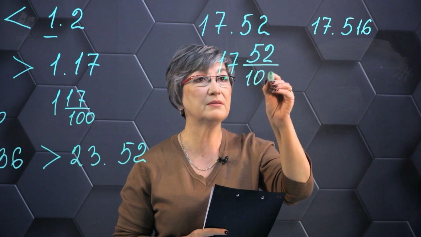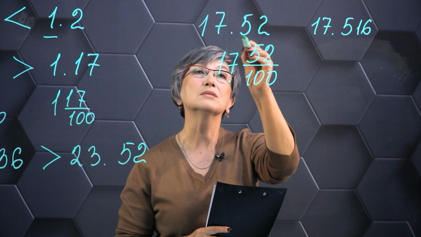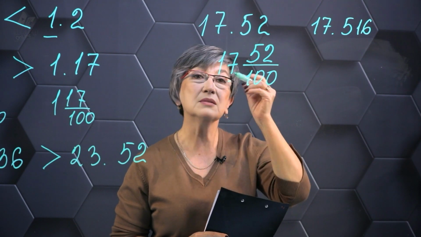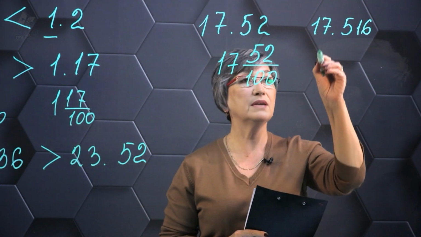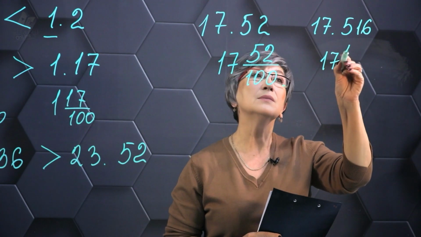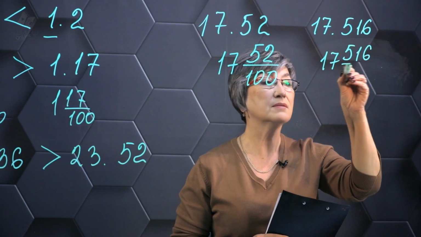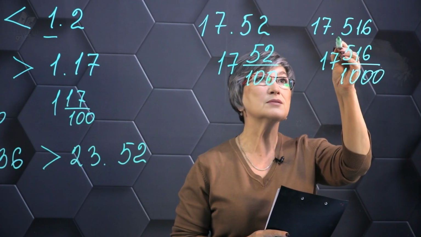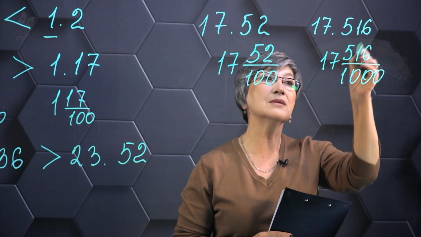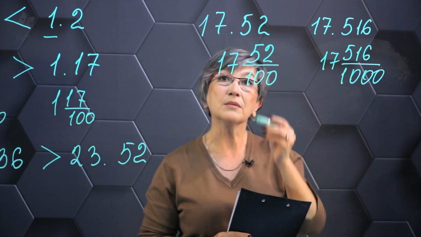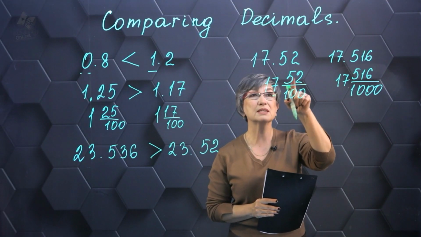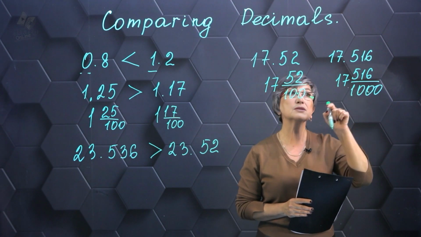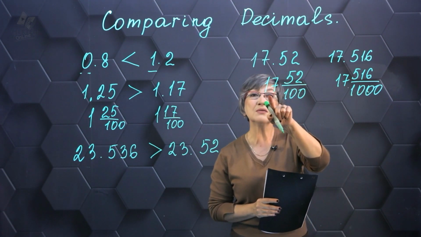Let's check. 2 decimal places after the comma. 2 zeros in the denominator. That's right. And in this case, 17 whole 516 thousandths. After the decimal point, we have 3 signs. In the denominator, we have 3 zeros. So we've got it. 17 whole 52 hundredths and 17 whole 516 thousandths.